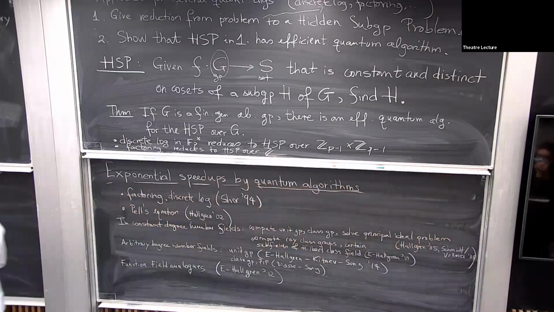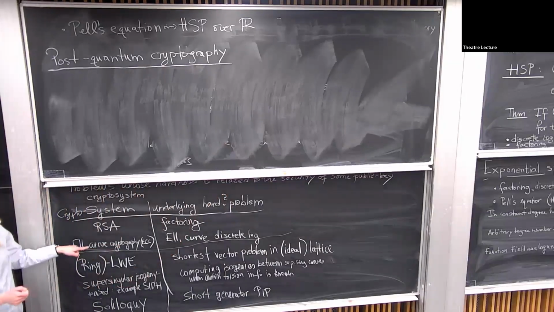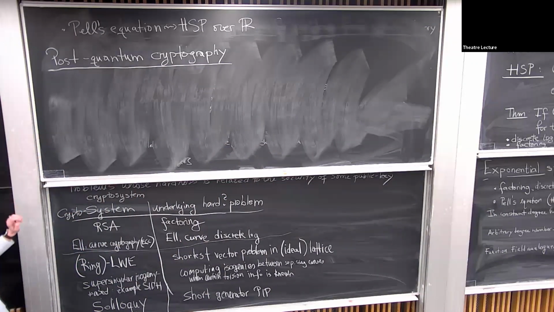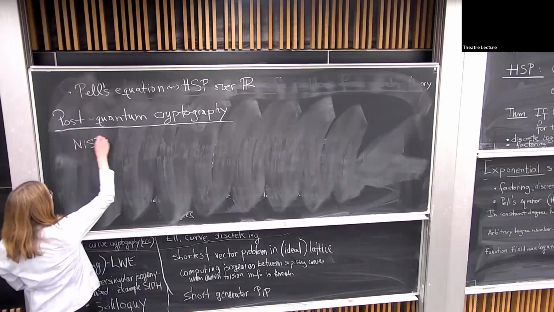And so we know that it's easy to list what things are bad choices. RSA and elliptic curve cryptography are both not good candidates for post-quantum cryptography, but it's much less clear what good choices would be. And so this is what the NIST competition is about.